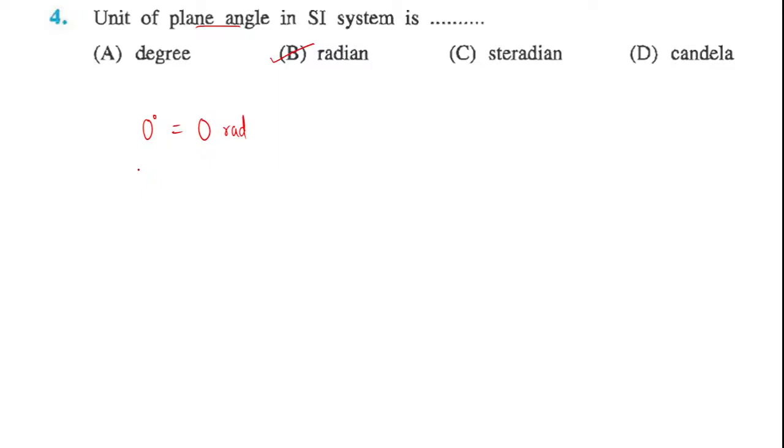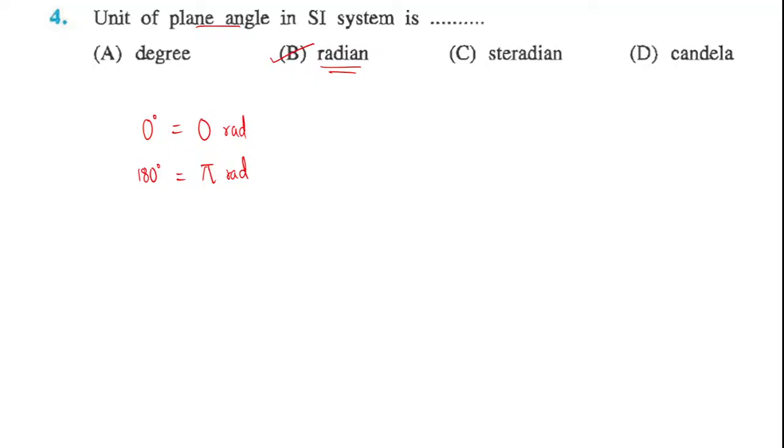If it is given 180 degree, that equals pi radian, right? Likewise, if I give you any degree question, you can convert it into radian, and therefore radian is your correct option. Very good. I can see so many people giving the answer radian. Very nice. Excellent. Keep it up.